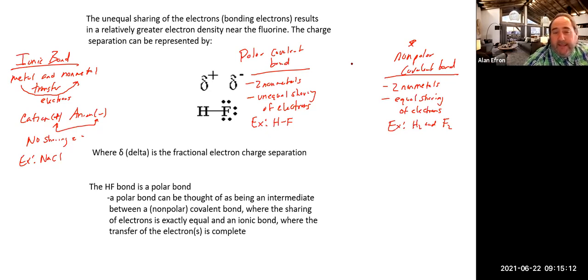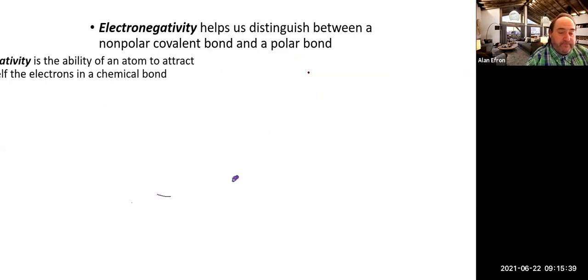So you may be asking yourself, how do I know who's doing what in terms of the sharing of electrons? How do I know if the electrons are going to be shared equally or unequally? The major thing we look at in most cases to determine how electrons are going to be shared is electronegativity.